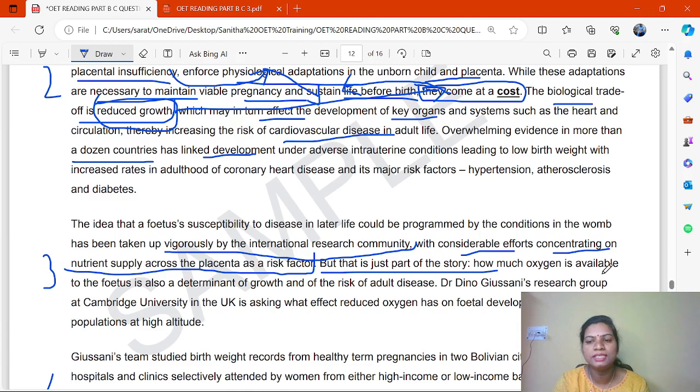How much oxygen is available to the fetus is also a determinant of growth and of the risk of adult disease. Dr. Dino Guisani's research group at Cambridge University in the UK is asking what effect reduced oxygen has on fetal development by studying populations at high altitude. This is what the paragraph is saying.